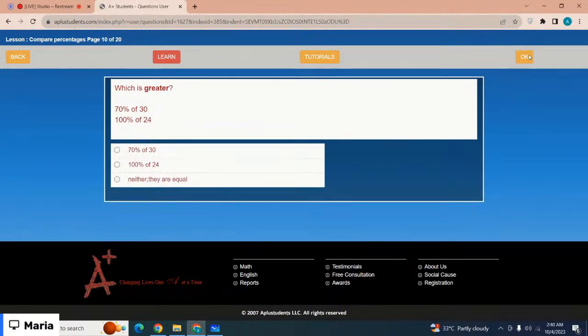Okay, which is greater, 70% of 30 or 100% of 24?